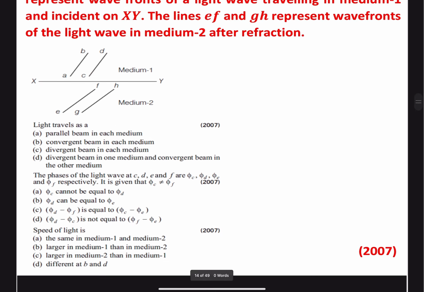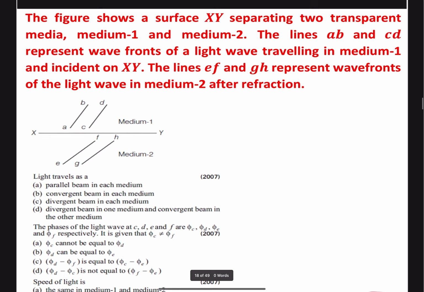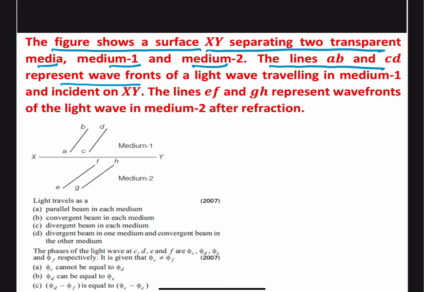We come to the next question, and it was asked in the year 2007. It is a passage based question, and here it says that the figure shows surface xy separating two transparent media, medium 1 and medium 2. The lines AB and CD represent wave fronts of the light wave traveling in medium 1 and incident on xy.